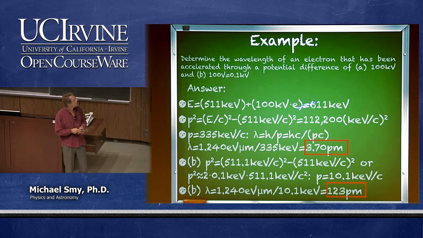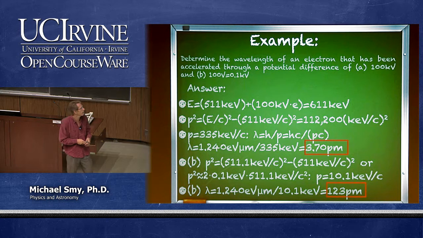So in part B, if I only have 100 volts rather than 100 kilovolts, then I can proceed in the same way. Now the total energy is 511.1 keV. So I could do that, but I can also use a classical formula. This is the corresponding classical formula, where simply the momentum squared is twice the kinetic energy times the mass of the electron.